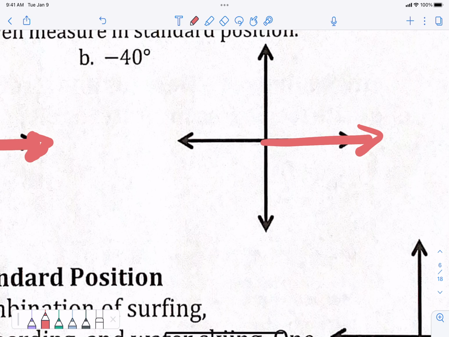Are we halfway, less than halfway, more than halfway? A little before halfway. A little less than halfway. So like there. This would be a negative 40 degrees because we're going clockwise, right? Clockwise instead of counterclockwise. Negative angles go down first. Okay.